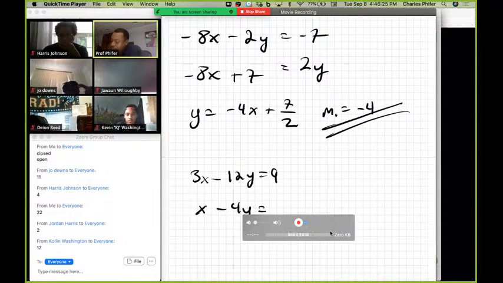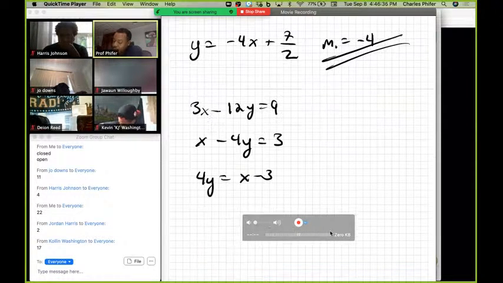If we solve for y, add and subtract x, minus 3, divide both sides by 4, y equals 1 over 4 times x minus 3 over 4. So the second slope is going to be a positive 1 by 4.